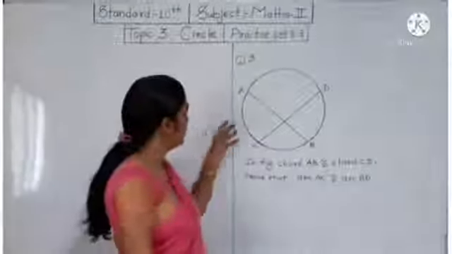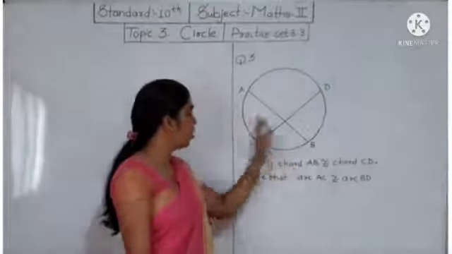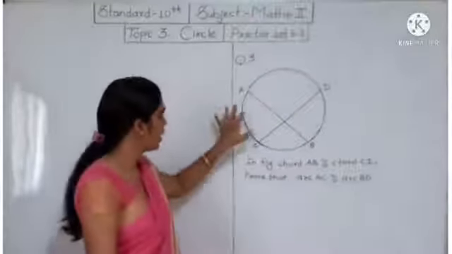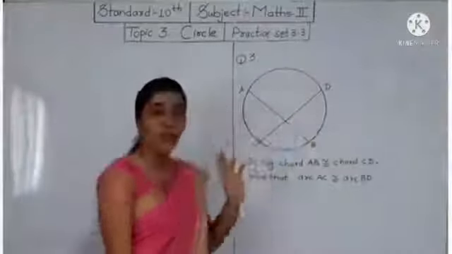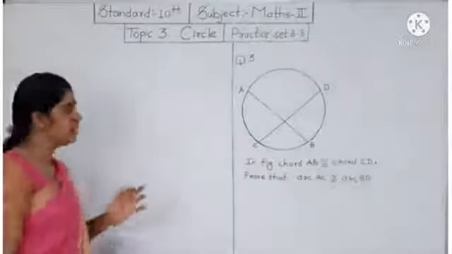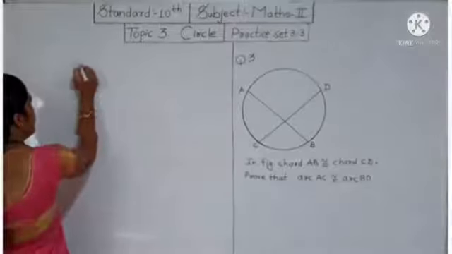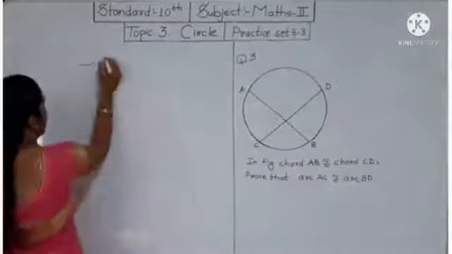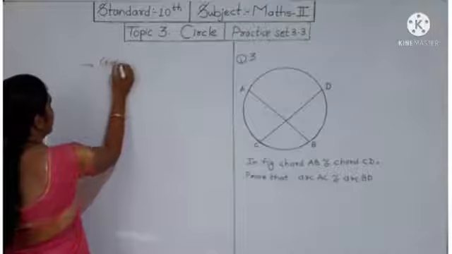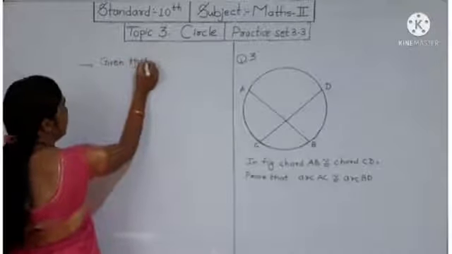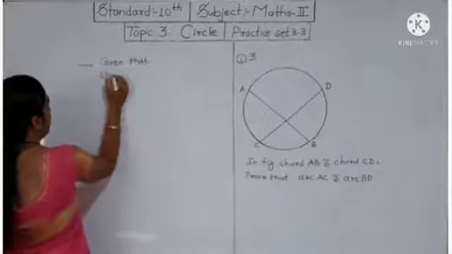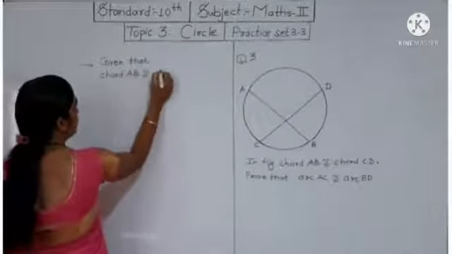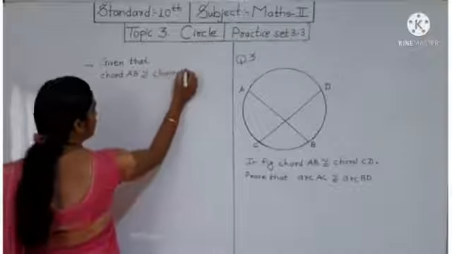See question number 3. In the figure, chord AB is congruent to chord CD. We have to prove that arc AC and arc BD are congruent. It is very easy. See, what we are given is that chord AB is congruent with chord CD.